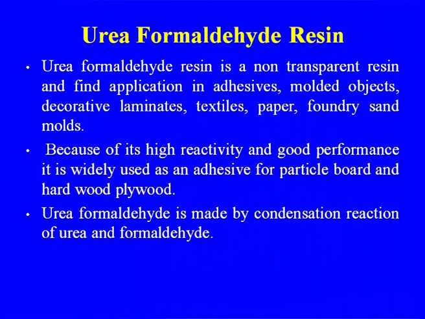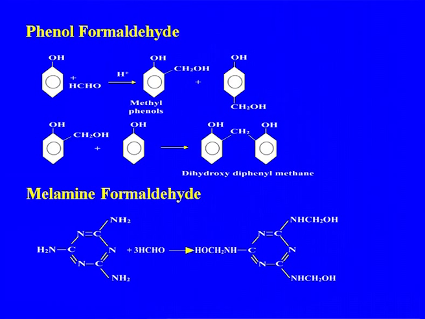Urea formaldehyde is made by condensation reaction of urea and formaldehyde. This is the reaction taking place in the case of phenol formaldehyde, and this one is for urea formaldehyde, not melamine.